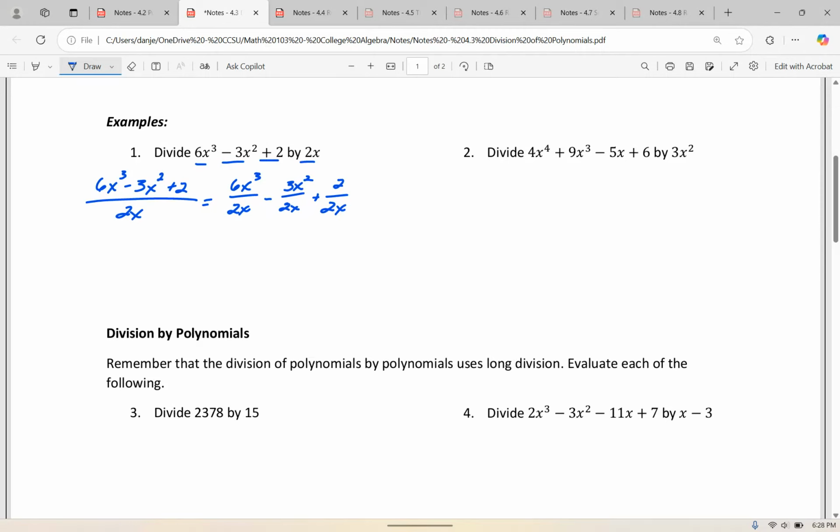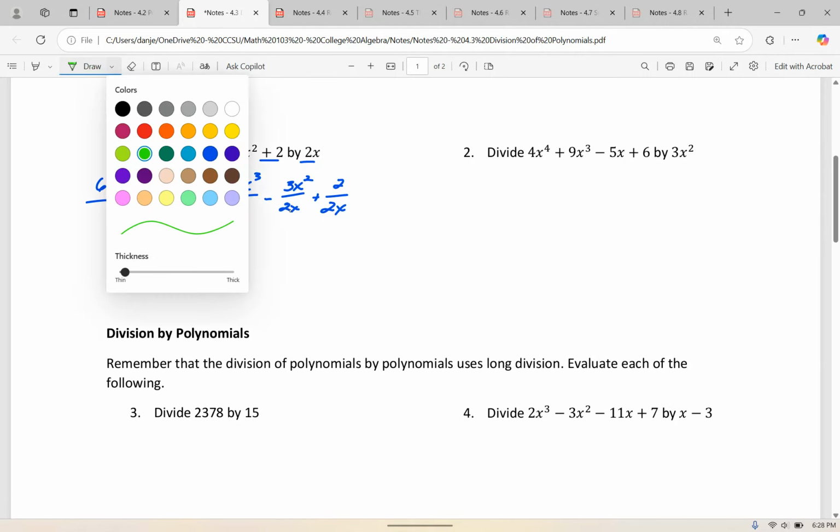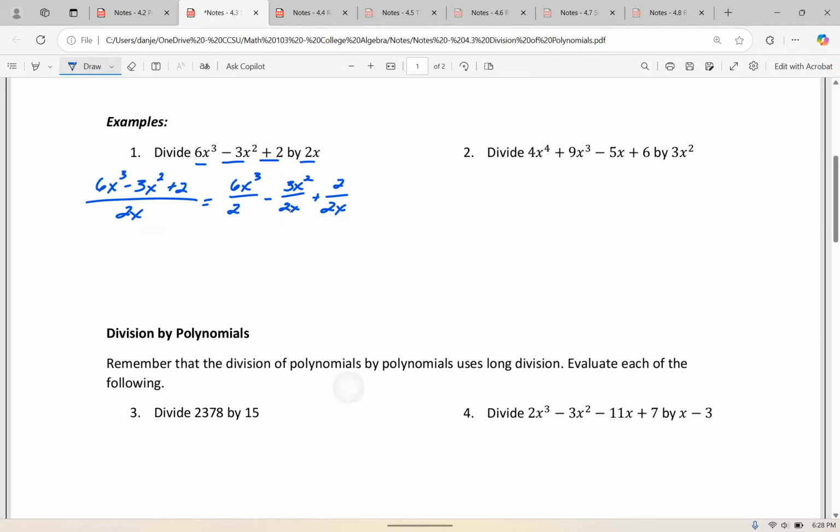First of all, I have 6 divided by 2, and then x cubed divided by x. Let me put that x back in the denominator. So 6 divided by 2 is 3, and x cubed divided by x is x squared. Then I have minus 3 divided by 2, which is 3 over 2.